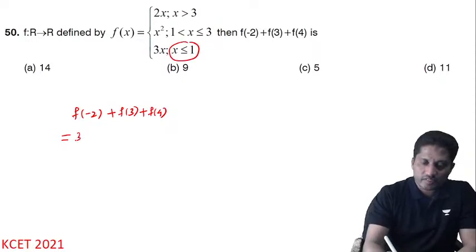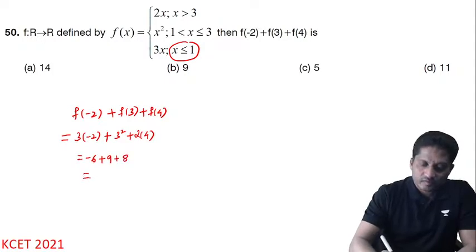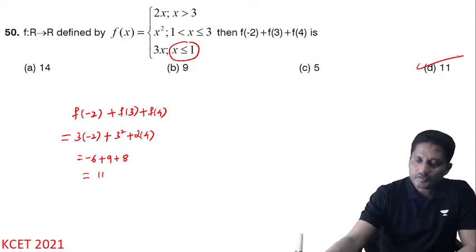That is, you will get 3 into minus 2. F of 3 will be equal to 3 square. F of 4 will be equal to 2 into 4. So this is minus 6 plus 9 plus 8, which is equal to 11. 8 plus 3 is 11. Answer is option D. Alright, question number 51.